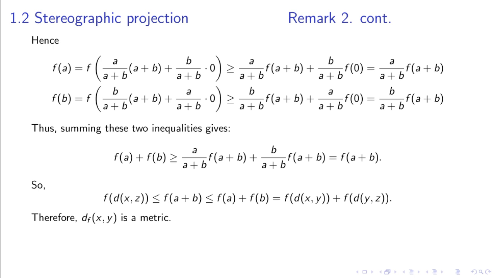So d_f(x, z) is less or equal than d_f(x, y) plus d_f(y, z). Thus, d_f satisfies the triangle inequality. Combining all three properties, we conclude that d_f is a metric on X.